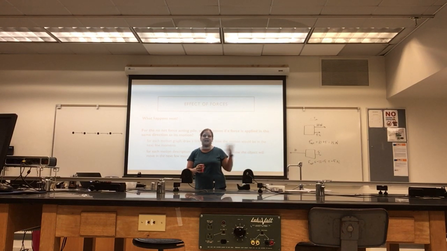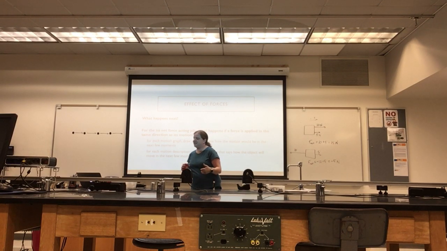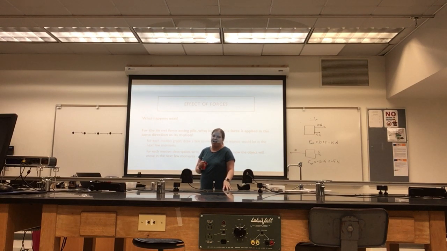You would get a different effect if the force were applied in a different direction. This is just one possibility. So the question is, for these where no net force has been acting, what happens if a force is applied? So you'll want to pause this again. You will draw on the graphs what the new motion looks like, and then you can write part of a sentence to explain what would happen to the skydiver. Okay, so do this for line B and the skydiver.